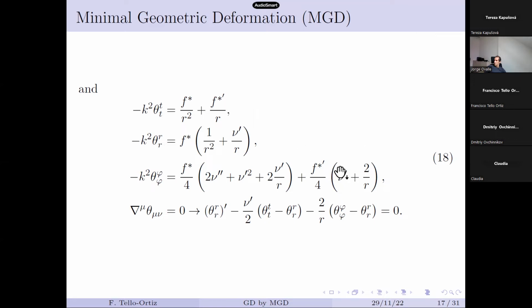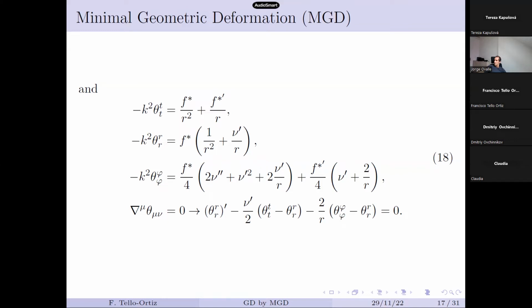But the system of equations 18 is also satisfying a conservation equation. Moreover, as you can see here, this system, the theta sector, has some contribution coming from nu. And what is nu? Nu is the temporal component of the space-time. Then, in some sense, it is obvious that both systems are related through this function.